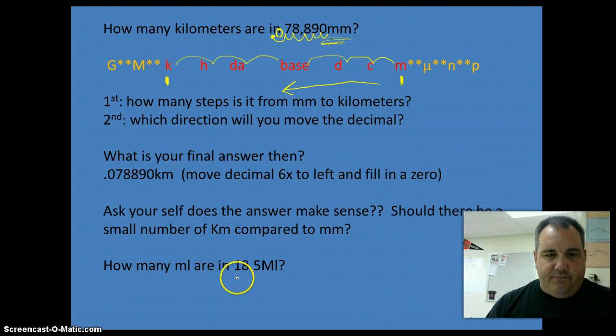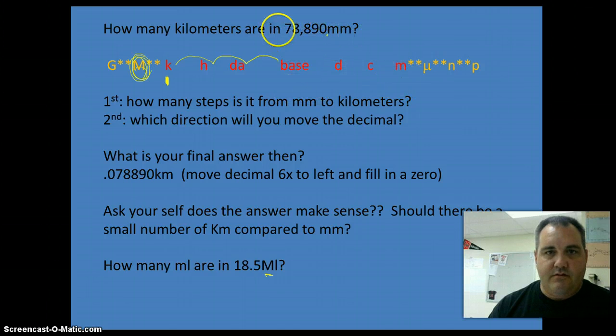So again, how many milliliters are there in an Ml? So since this is a capital, that tells us that we are using mega. Okay, let's see if I can erase this stuff here. There we go. Get rid of all this so we can see what we're doing. Okay, so we're starting at mega, and we're going to ml, little m, little l, which is milli.